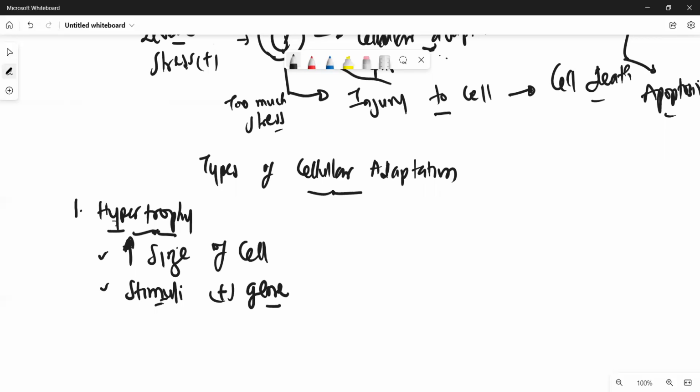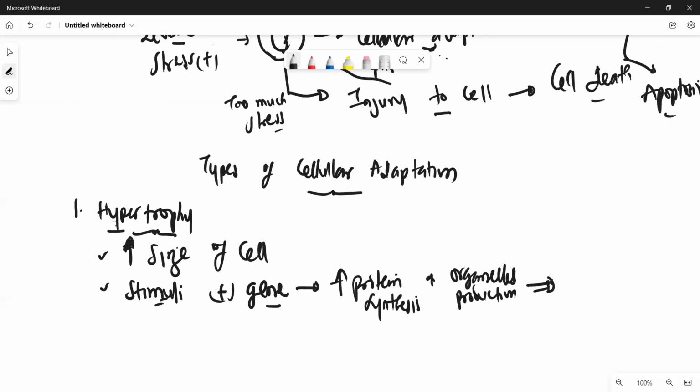So we need to cause gene activation, and this will lead to an increase in protein synthesis and organelle production. And ultimately, the evidence of this will be an increase in the cell size.